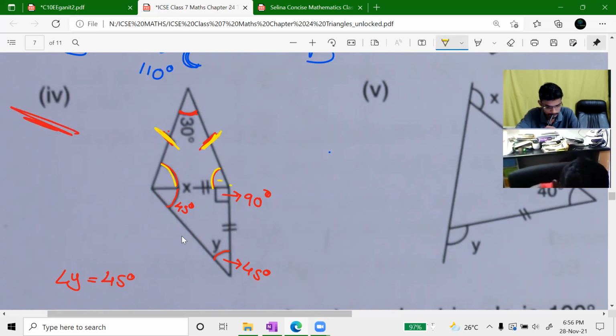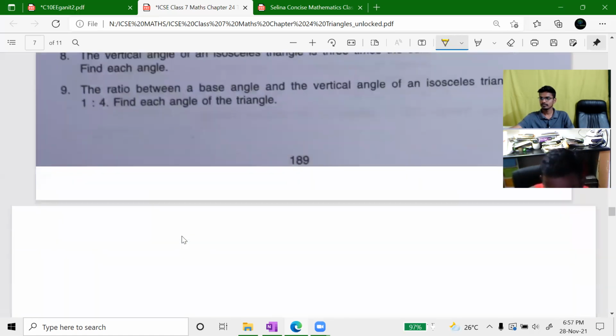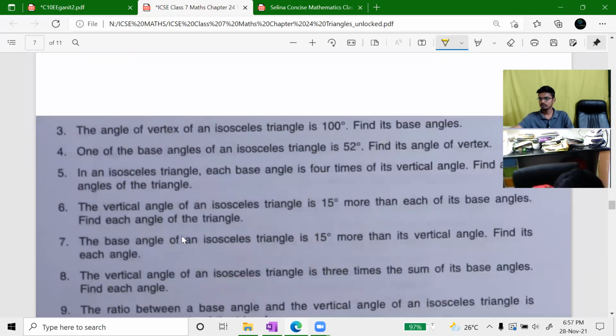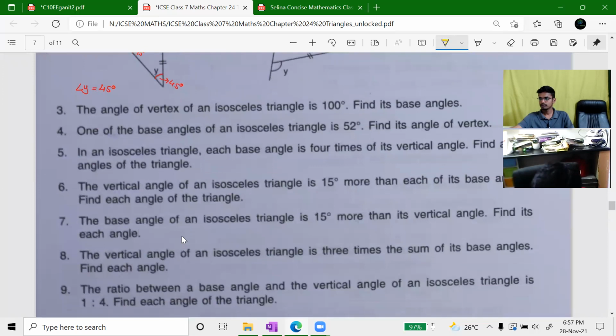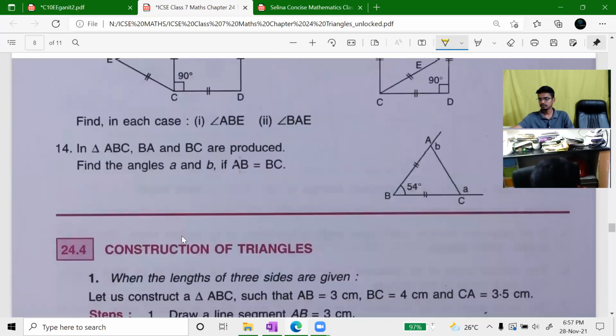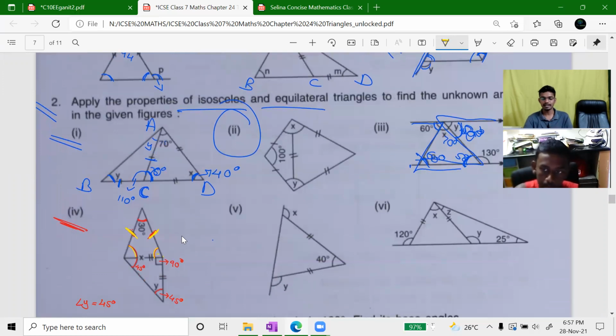Now tell me. So 150 degree. Tell me individually.